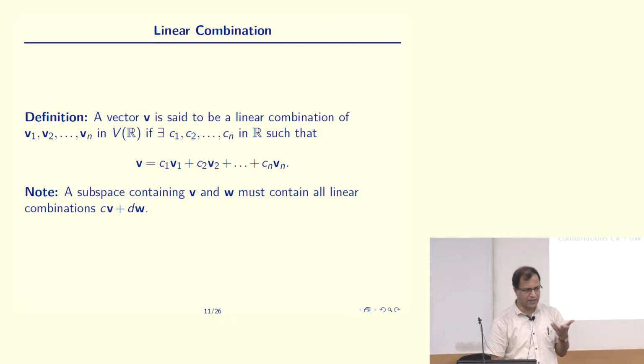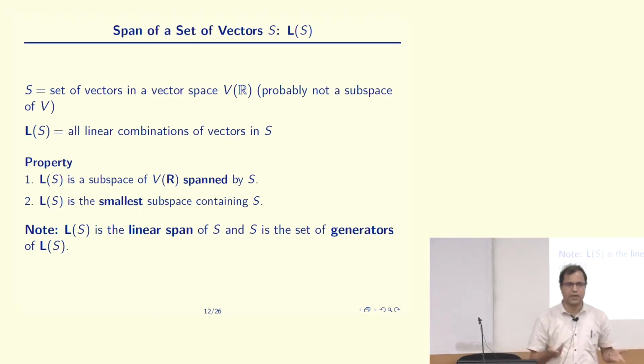So we want to check what is the smallest subspace which will contain a given set of vectors. We will define this by the span. The span of a set of vectors is the smallest subspace containing those vectors.